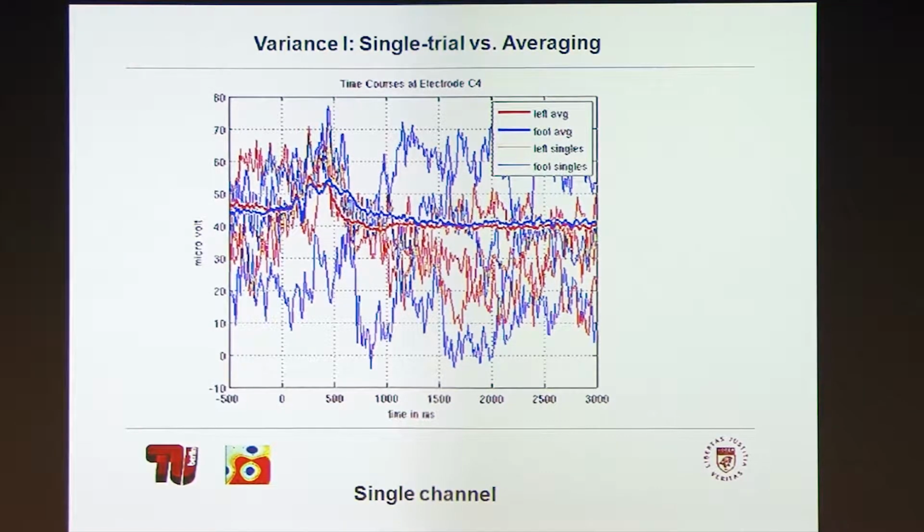Of course, we know that the brain is a real-time machine. The difference between single trial and averaging is nicely put anecdotally by thinking that you walk through the jungle and then there's a tiger jumping from behind a bush at you, okay?